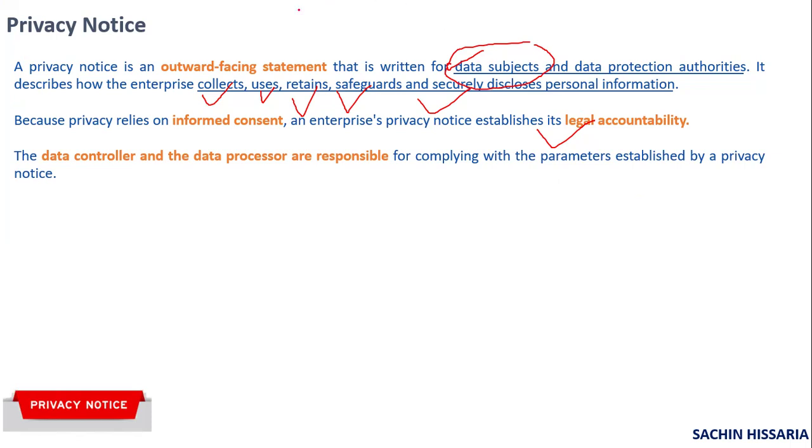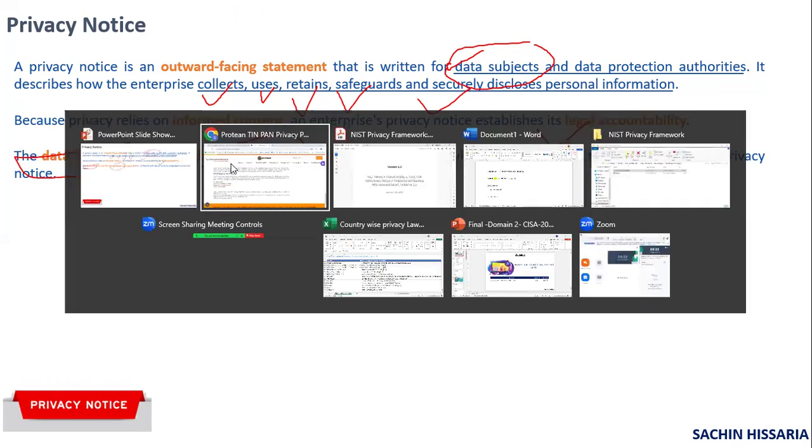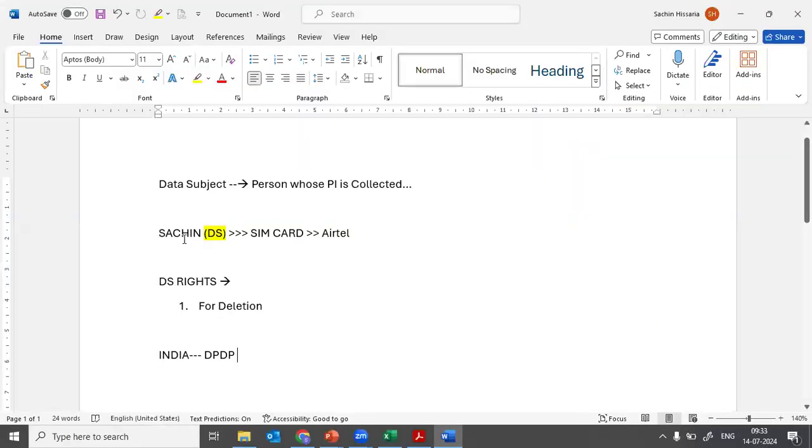Now there are two more terms. One is data controller and second is data processor. We'll again discuss the same example. In this example, Airtel company is what? Data controller. Now guys, who is a data controller?